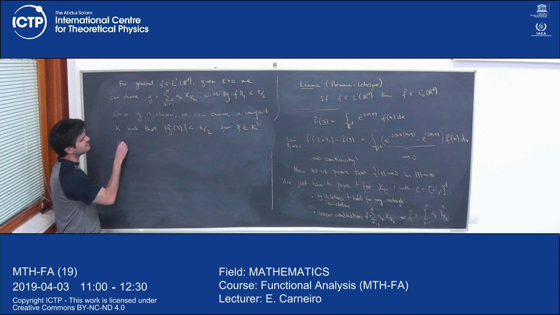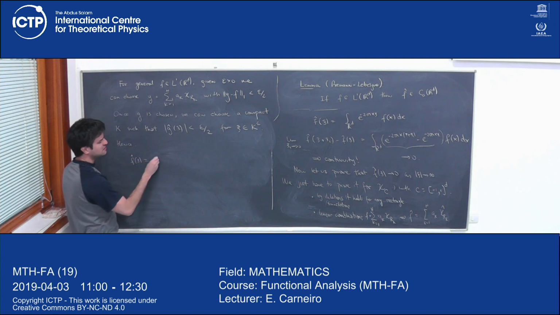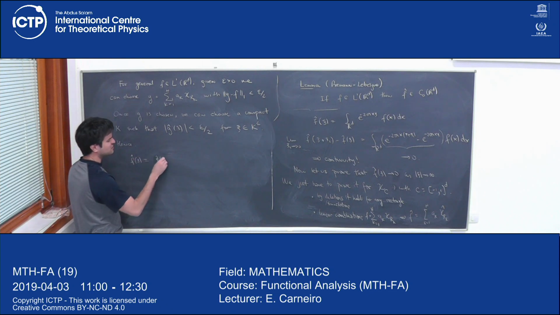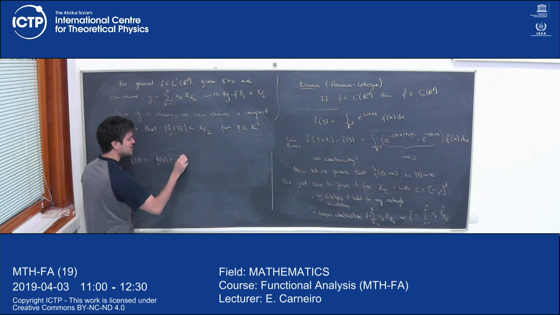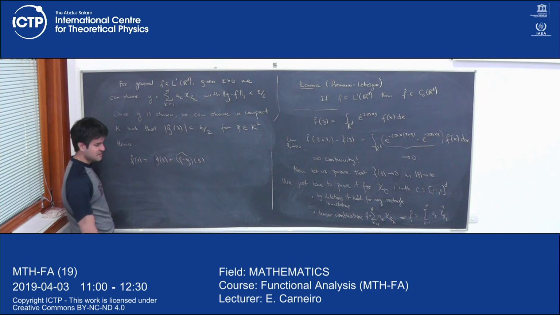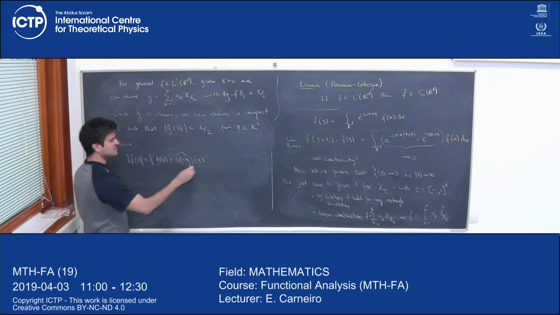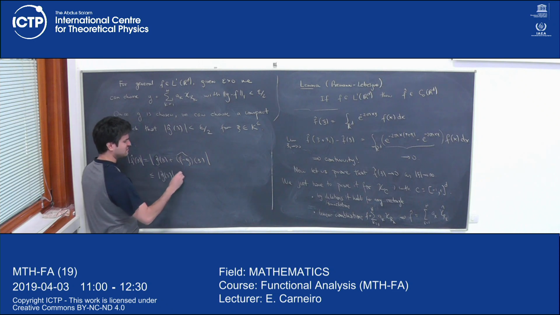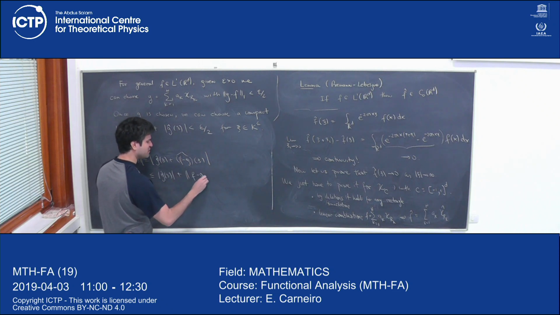Hence, now it's just a matter of using that f hat of xi is just g hat of xi plus (f minus g) hat of xi. This is then less than or equal to g hat of xi plus the L infinity norm of (f minus g) hat.